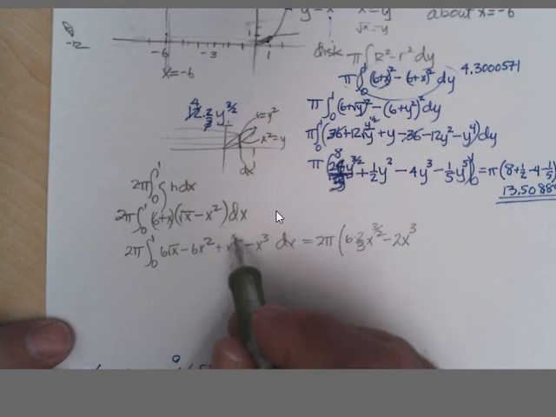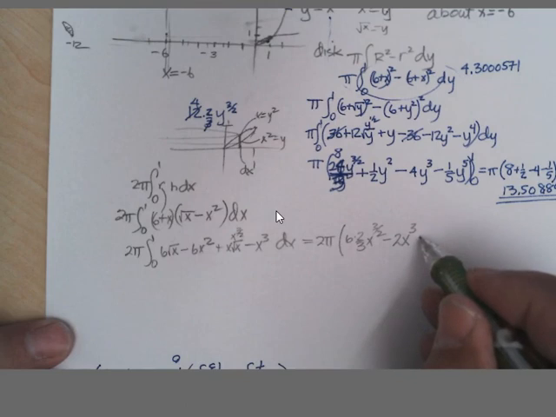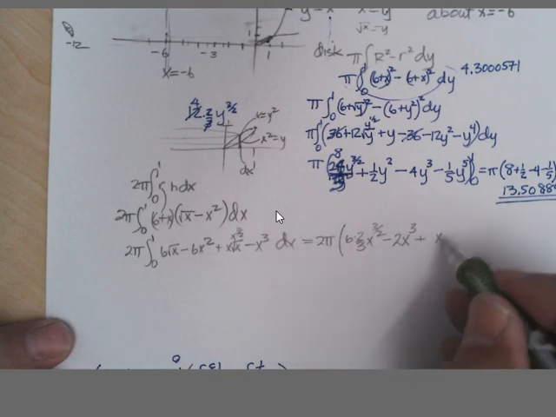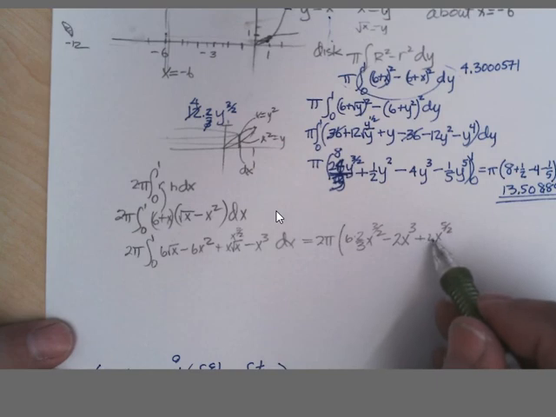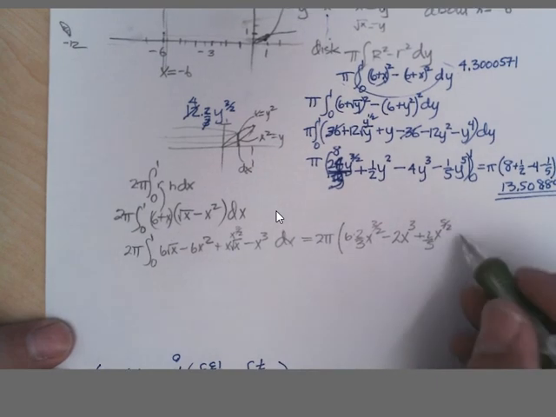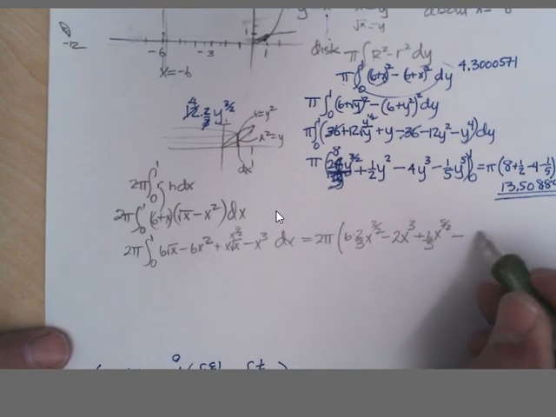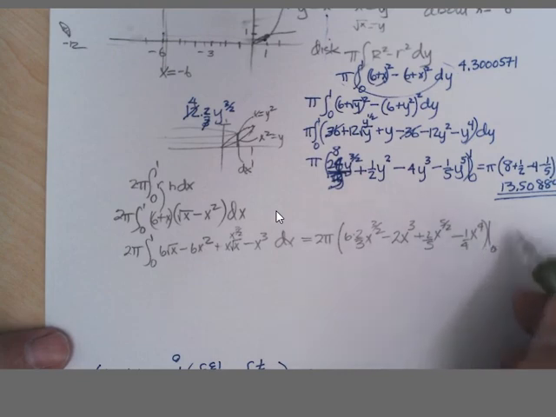This is x to the 3/2, so it's going to be plus x to the 5/2 times 2/5, minus x to the 4th times 1/4. Evaluate from 0 to 1.